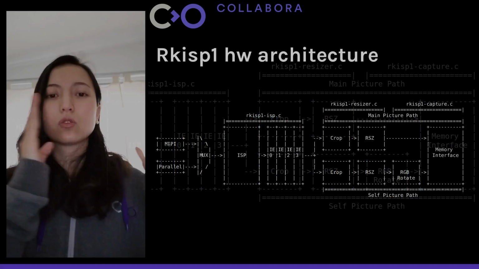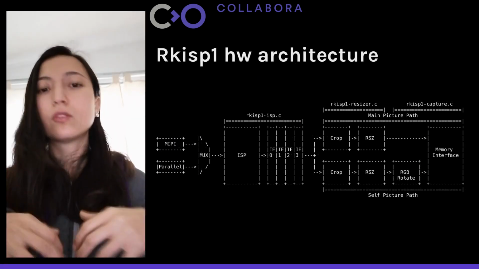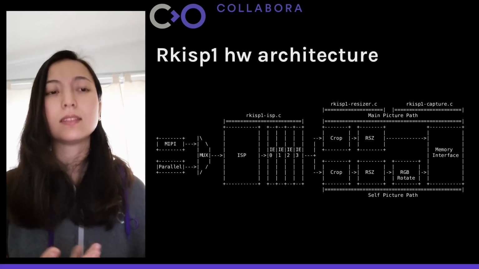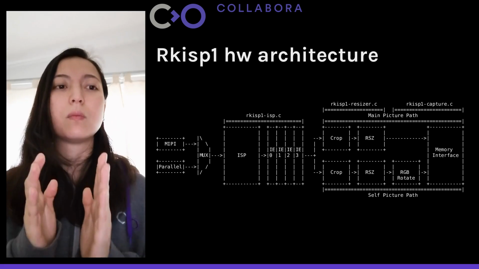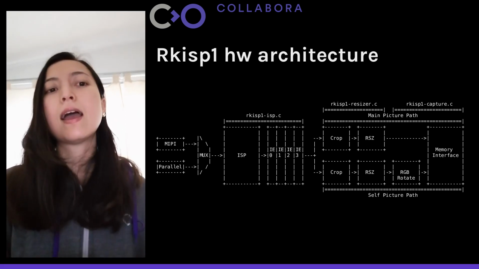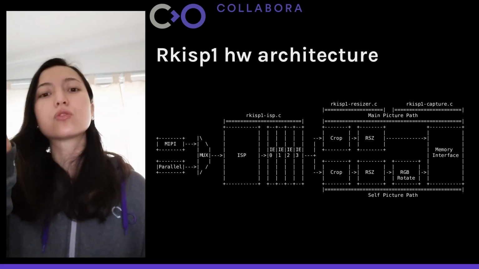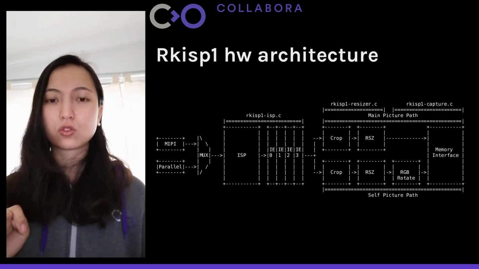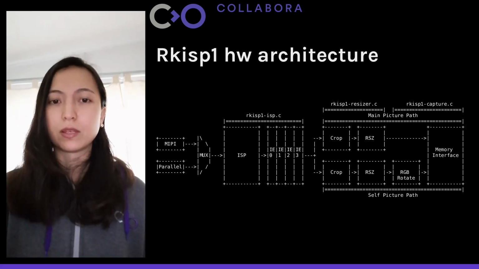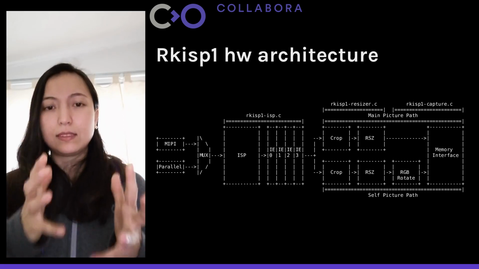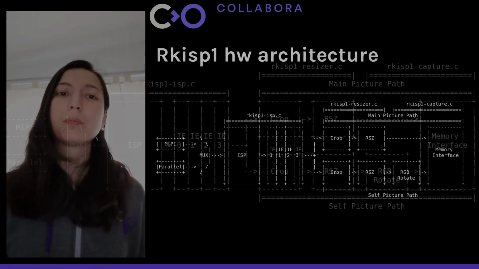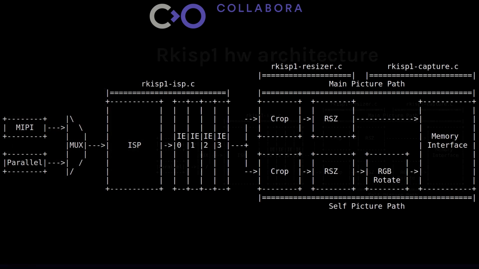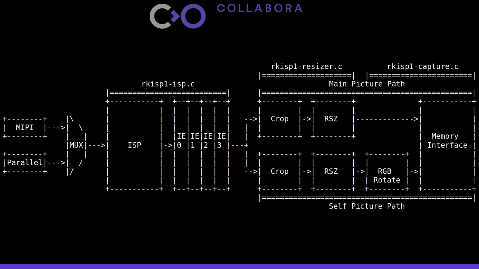Then the image goes to the ISP to perform some kind of processing. Then it goes to some image enhancement blocks, and the image can go to one of those two paths, or both of them at the same time. Those two paths can perform cropping, resizing, RGB conversion, flip and rotation also, and then it reaches the memory.